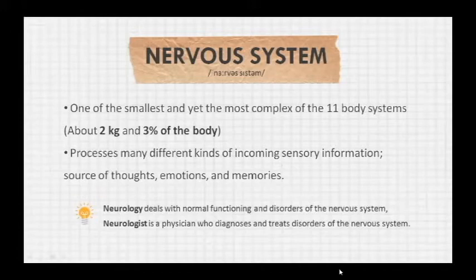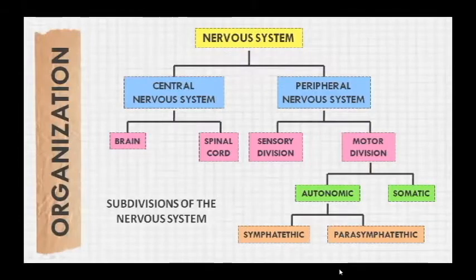So when we say neurology, it deals with the normal functioning and disorders of the nervous system, while a neurologist is a physician who diagnoses and treats disorders of the nervous system. So if you have any problem with your brain, your spinal cord, or with your nerves or neurons, then you should find a neurologist.